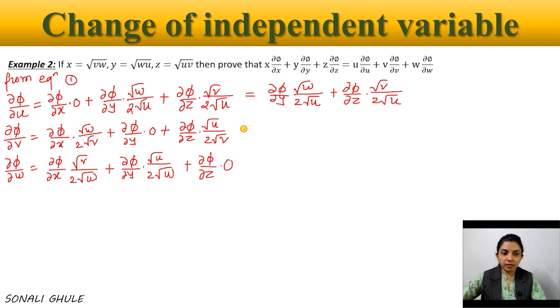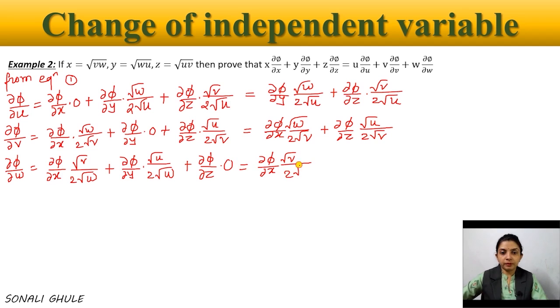Okay, that is equal to phi with respect to x root w upon 2 root v plus phi with respect to z root u upon 2 root v, and this will be phi with respect to x root v upon 2 root w plus phi with respect to y root u upon 2 root w.